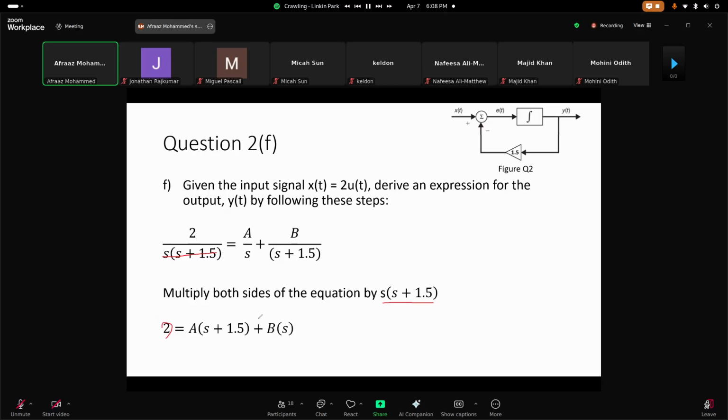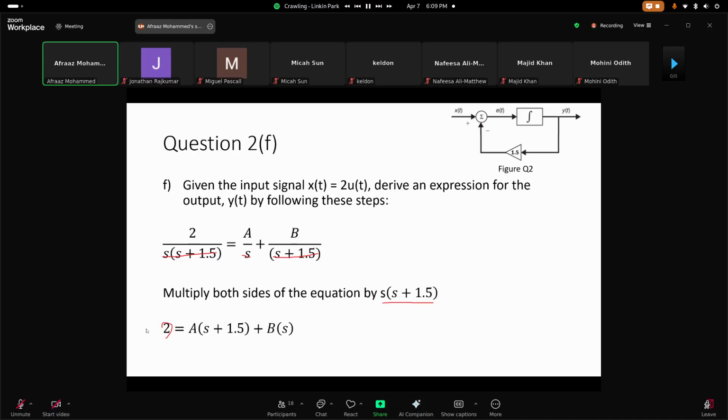On the right-hand side for the A term, the s is going to be taken off, so it's going to be A(s plus 1.5). And for the B term, s plus 1.5 is going to be taken off, so it's going to be B multiplied by s. That's going to give you finally 2 equals A(s plus 1.5) plus B multiplied by s.